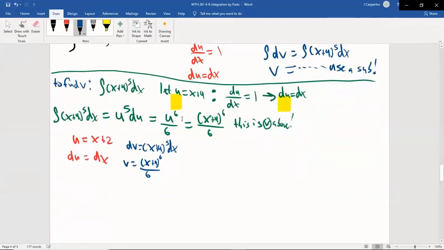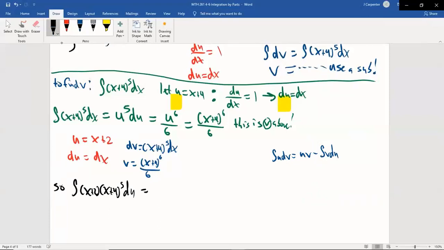Those are the things we'll plug into uv minus integral of v du. The integral of u dv equals uv minus integral v du. So finally we can say our original integral of x plus 2 times x plus 4 to the 5th dx, that was the u dv, is equal to the formula uv.